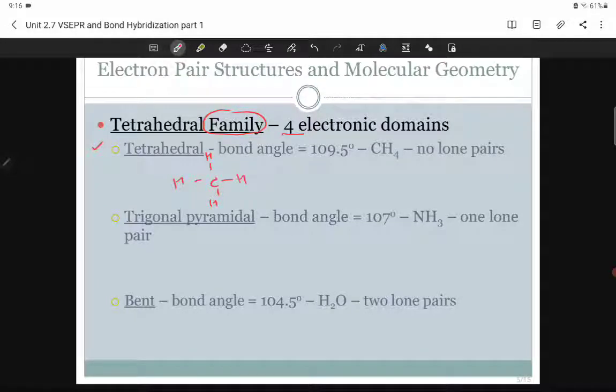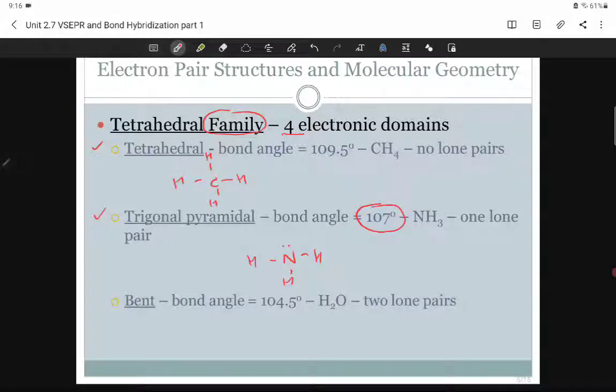You could still have 4 domains, but one of them not be bonded. So it's still in the family of tetrahedral, but it's not tetrahedral as far as molecular shape. It's trigonal pyramidal. And I think you had to memorize that one last year.